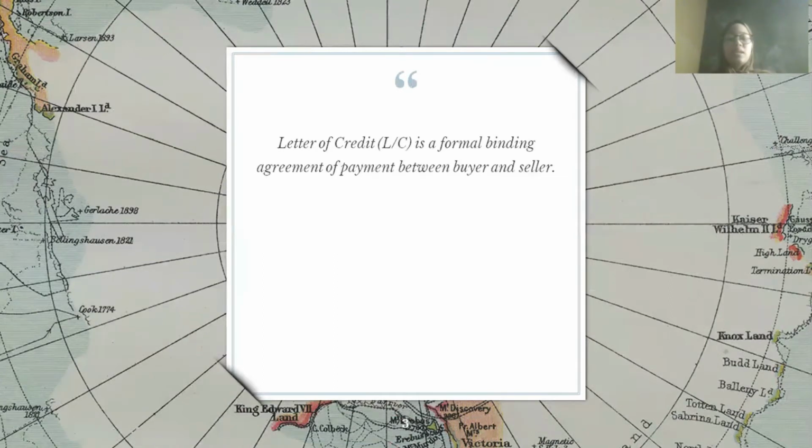An LC is a commitment by a bank on behalf of the importer that payment will be made to the beneficiary, or the exporter, provided that the terms and conditions stated in the letter of credit have been met as evidenced by the presentation of specified documents.